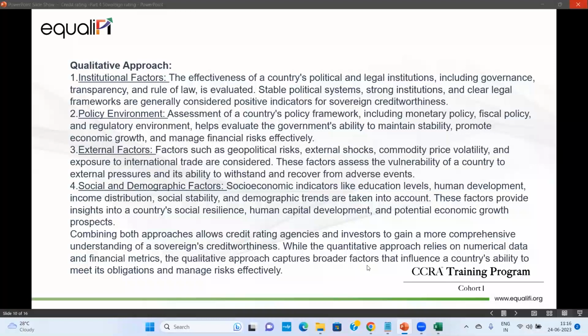Certain factors you cannot convert to quantitative, though you might give a scale to them, like the relation between the promoters, who the key stakeholder is, and what his background is. All these are qualitative factors you assess for a company. Similarly, when you assess a country, you assess both the quantitative as well as qualitative factors.